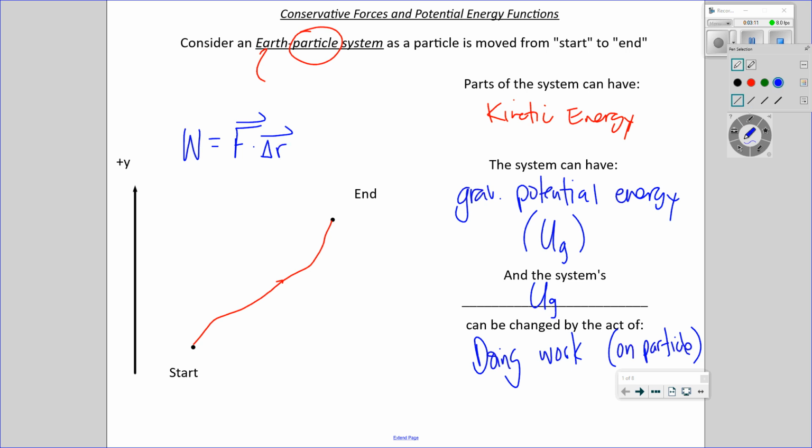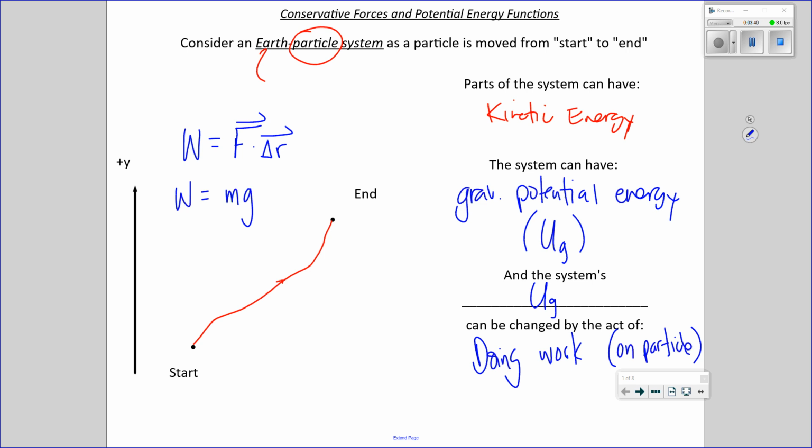Well, the minimum amount of work you'd have to do to move this thing from one place to another is, well, the minimum force you could apply to move something upward is mg. If you apply more than mg, you could accelerate the object upward, but you don't have to. To get it moving, you could apply more than mg, but then to stop it, you could apply less than mg. But on average, the minimum force you have to apply to move something upward is mg.